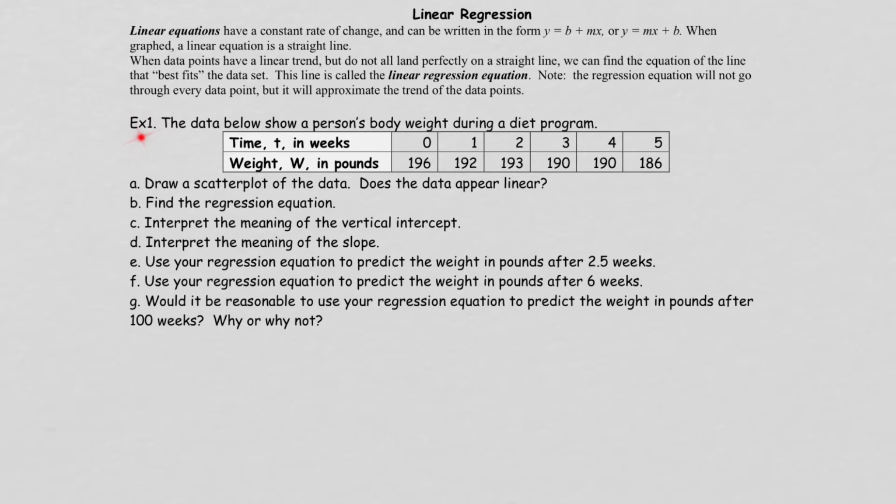So example 1, this is the data, right? Time, so T is for time in weeks, and W is for the weight in pounds, right? With the table or given information, the first thing they're asking you to do is draw the scatter plot.